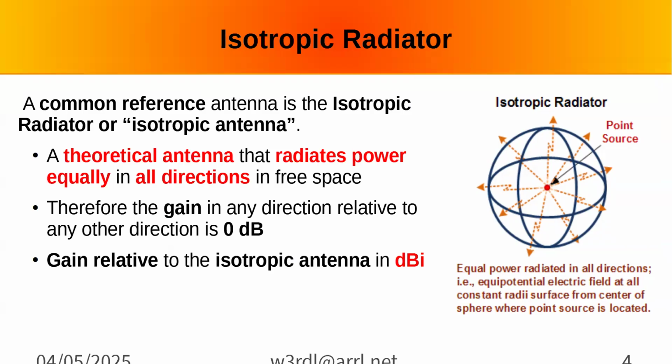And when we talk about gain, antennas don't actually have gain. Power in, power out, maybe. You won't get more, you'll probably get less. So when we talk about gain referring to an antenna, it's the amount of power in a particular direction if it's directional.